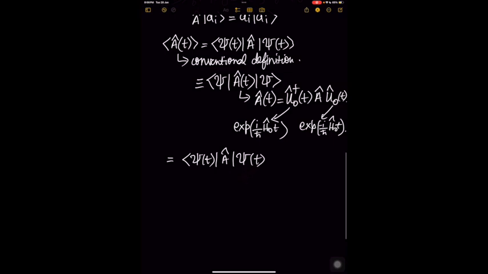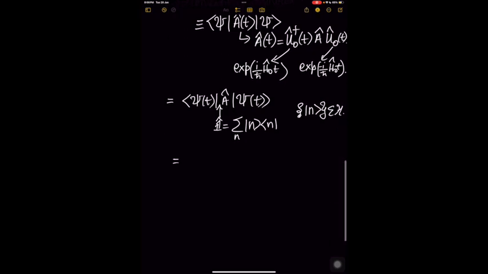So let's go ahead and perform this calculation, which is bra psi of t, A hat, ket psi of t. Now, I will be using the resolution of identity criteria. So I will insert an identity here, and then let's just say I define another set of basis states |n>, which belongs to the Hilbert space.